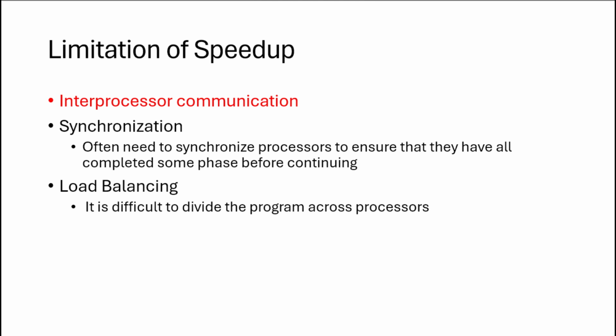And synchronization is we often need to synchronize processors to ensure that they have all completed the same phase before continuing. And load balancing: it is very difficult to divide the program across processors such that each processor has the same workload.